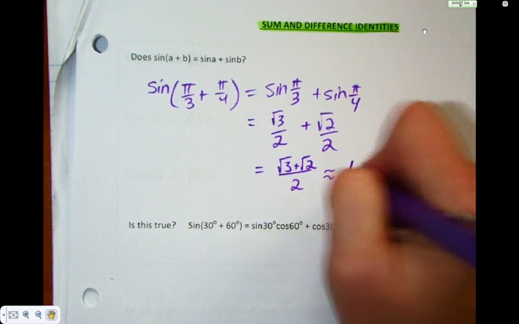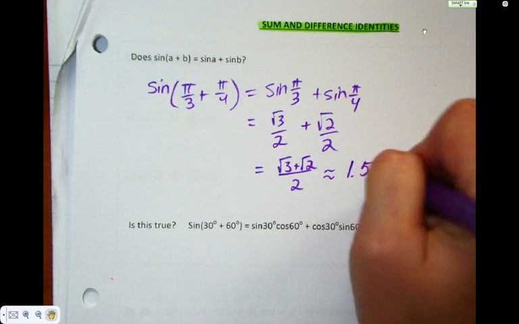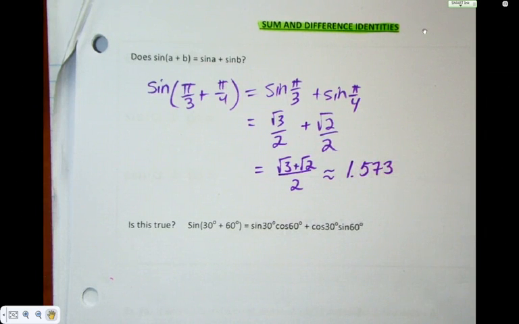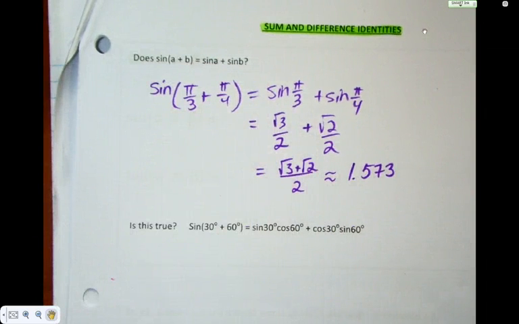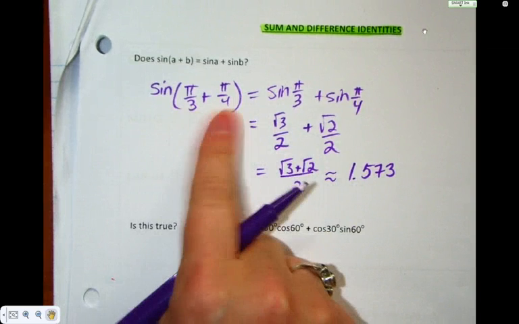That seems confirmed. So now what we want to prove is the other side is 1.573. So let's combine these fractions first.